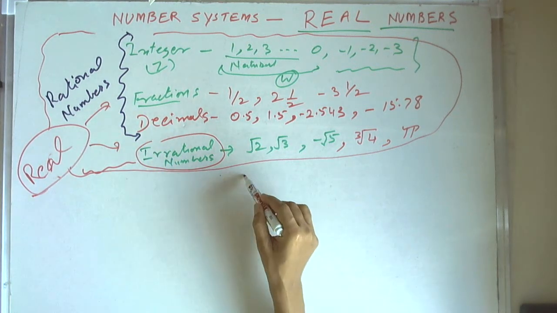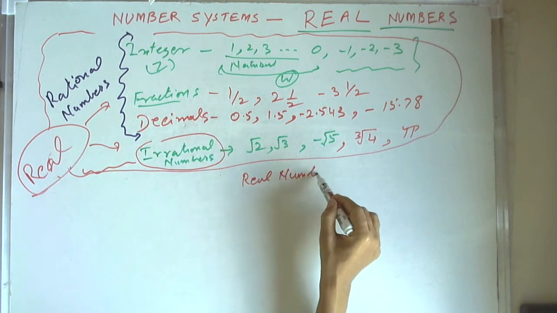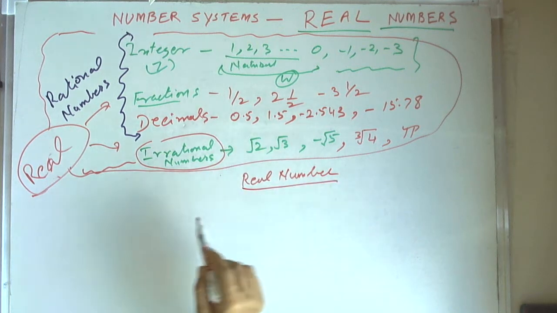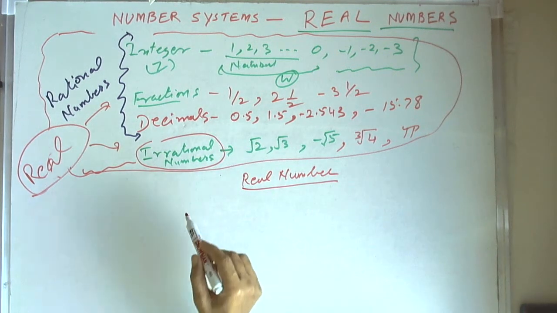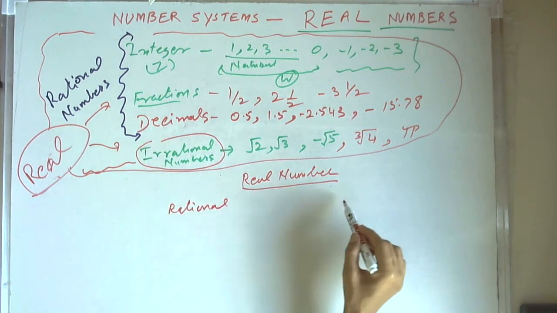If we put it graphically, we have real numbers here, and then we will have rational and irrational.